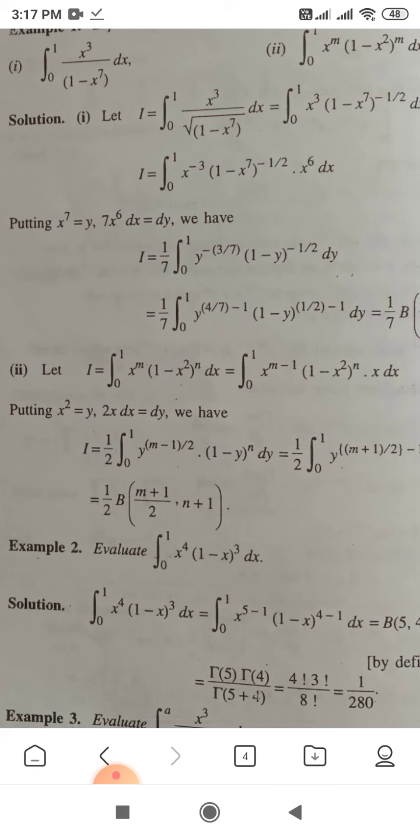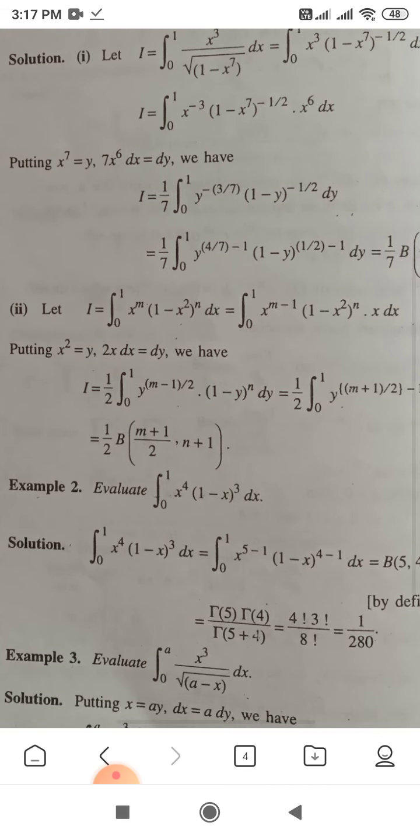Next problem is: evaluate 0 to 1 x to the power 4, 1 minus x to the power 3 dx. Again this expression is converted into the form of beta mn. Beta mn is equal to 0 to 1 x to the power m minus 1, 1 minus x to the power n minus 1 dx. So it is 0 to 1 x to the power 4.